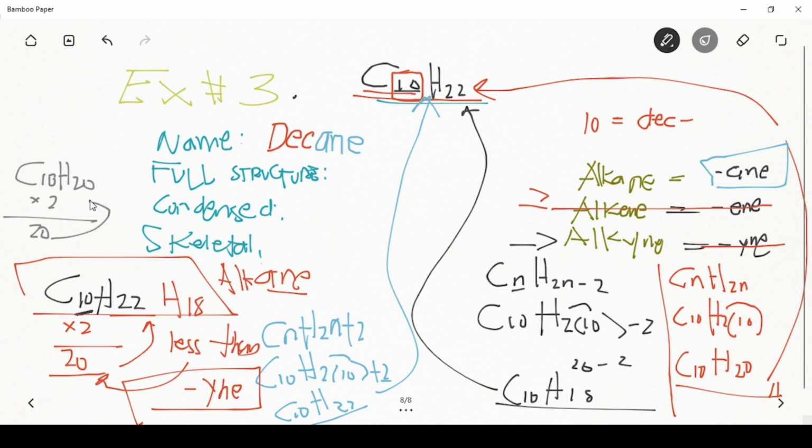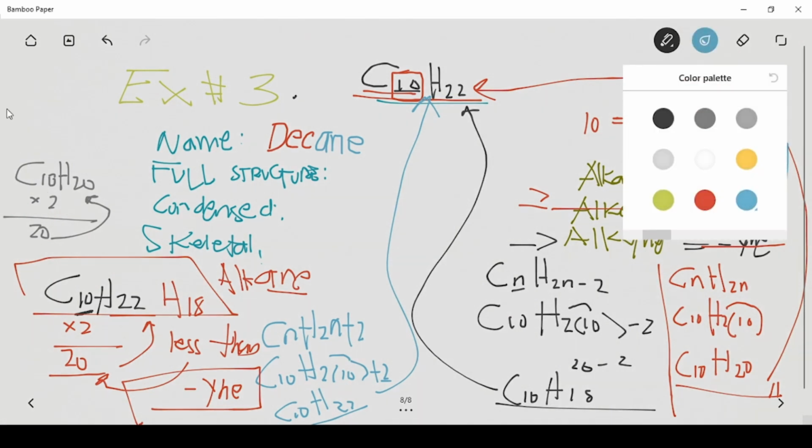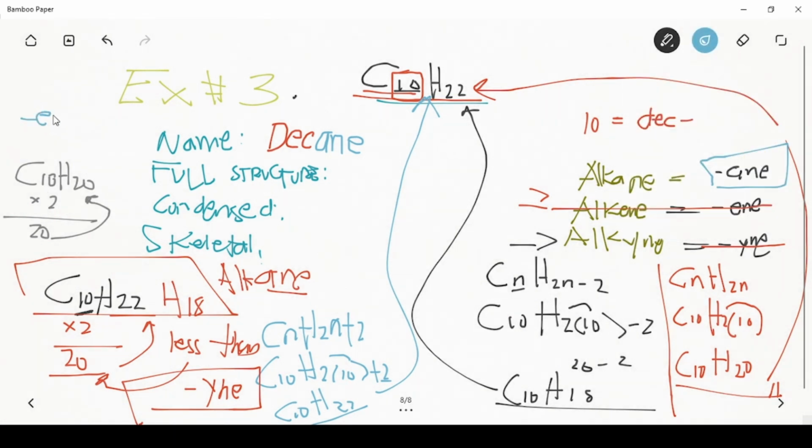So if it is the same as the number of hydrogens, then you must use the suffix ene, because it is an alkene. But if it's greater than the 20, or the answer, it is an alkane. If it is less than the answer, it must be an alkyne. Okay, get it? I hope so.